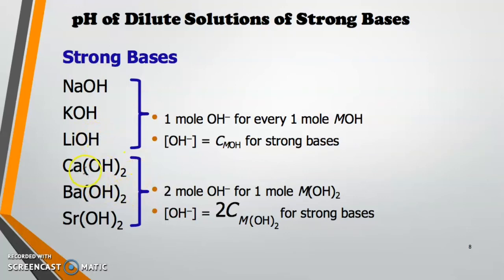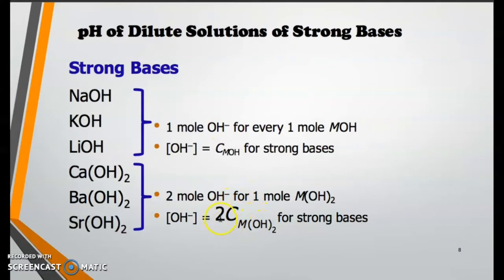And if you look at the calcium hydroxide, we have the 2 mole hydroxide ion for 1 mole of this compound. So meaning that the concentration of hydroxide ion you need to multiply by 2.